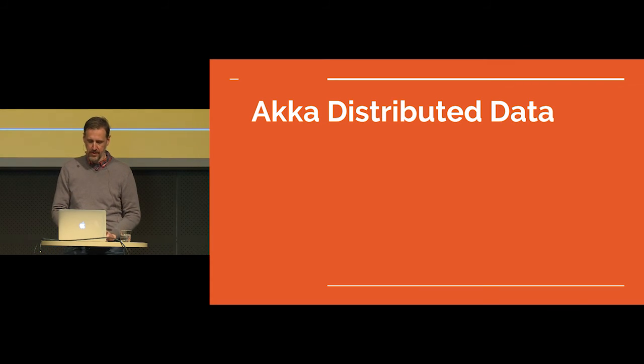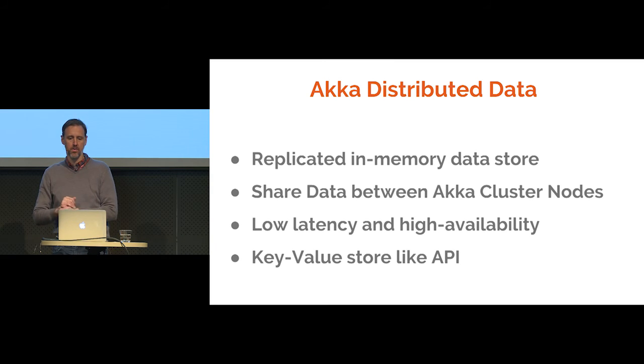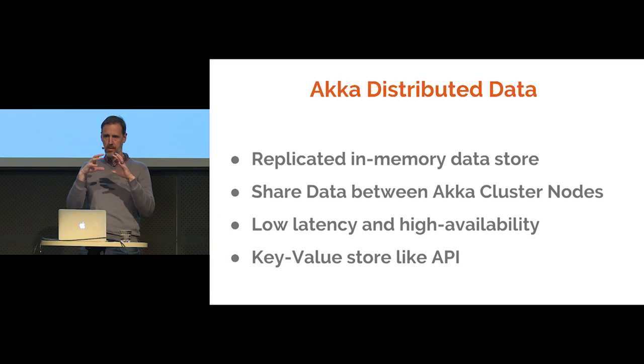All right, let's talk a little bit about Akka Distributed Data. On top of the core Akka, it's built a kind of replicated in-memory data store. The idea is that I basically store the data in my Akka actors, and then I replicate it out to other nodes in that cluster. I want to share the data between those cluster nodes so they can get a view of the data.